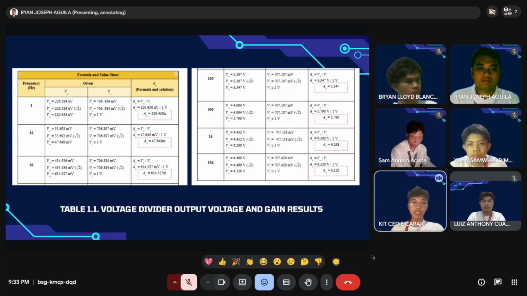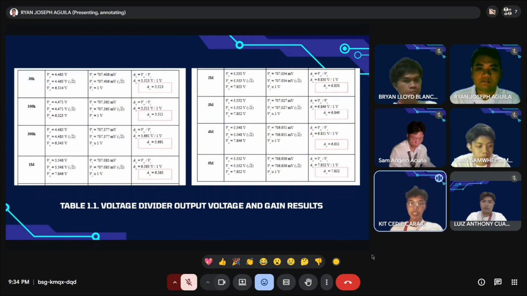As the frequency increases, such as from 100 hertz to 10 kilohertz, the gain rises significantly, which shows an improvement in amplification performance. From 30 kilohertz to 5 megahertz, the gain remains relatively high and stable, indicating consistent amplification in the range. So next slide, please. As we can see, this is the continuation of our table. So next slide, please.